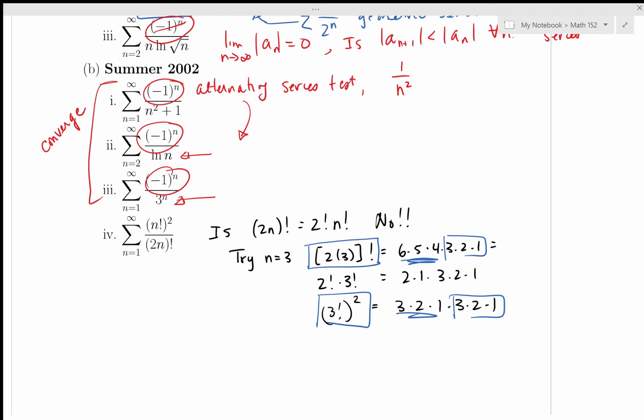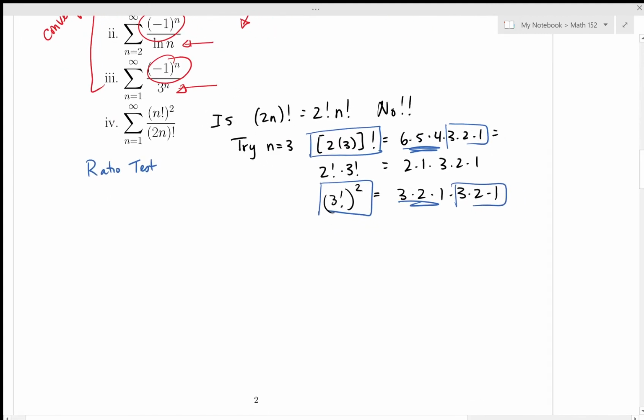And then because of these factorials and the way this thing is set up, what occurs to me is to use the ratio test. So let me just set that up for you, and then you can work through the details and make sure that you can do this. I would take the limit as n goes to infinity of a_{n+1}, that's (n+1) factorial squared divided by (2(n+1)) factorial, and then I would divide that by a_n.